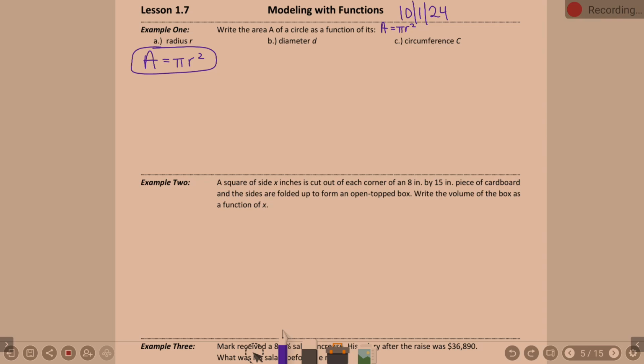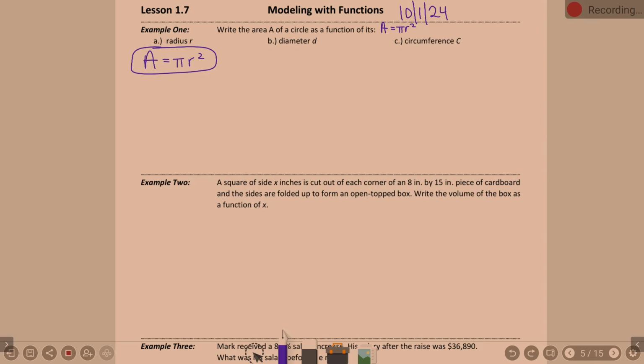That's what I mean, r is what you're going to input here. Setting up the equation equal to r would be solving for r in terms of A. Here, this is writing the area A in terms of r, or as a function of r.